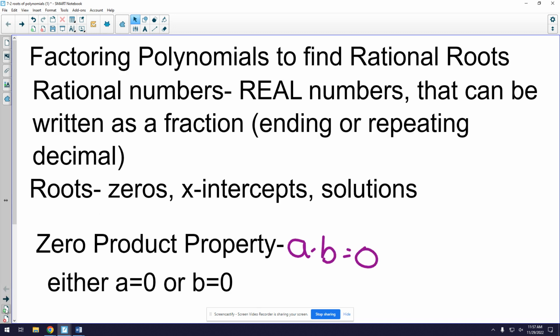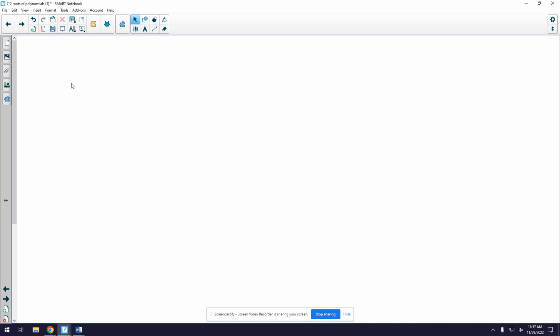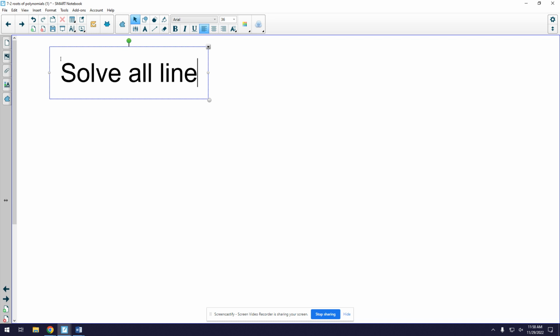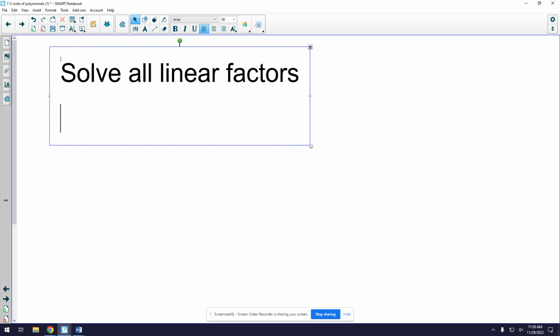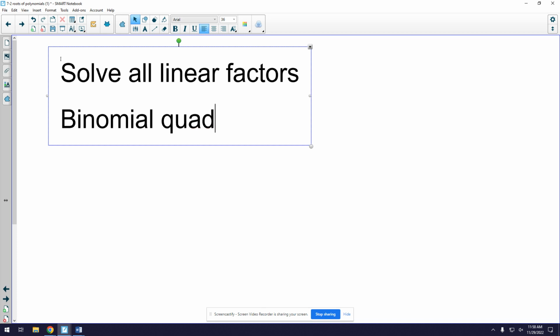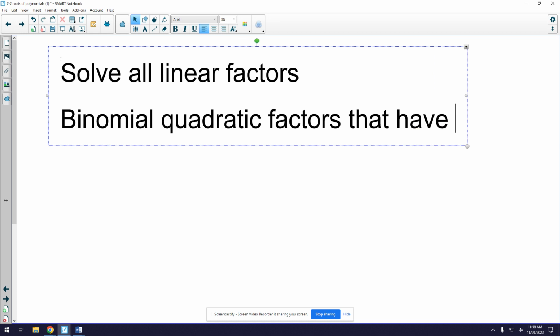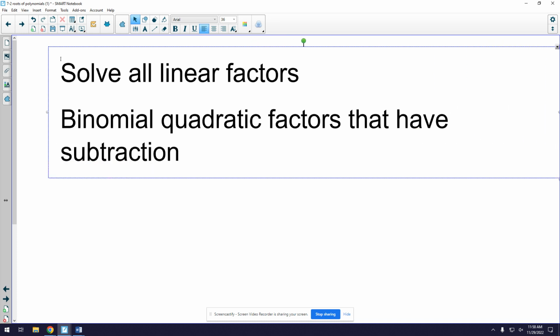Okay, so before we get to this, I'm going to add in this extra part. Because I only want the rational answers, you're going to solve all linear factors and then binomial, quadratic, factors that have subtraction and can be square rooted.